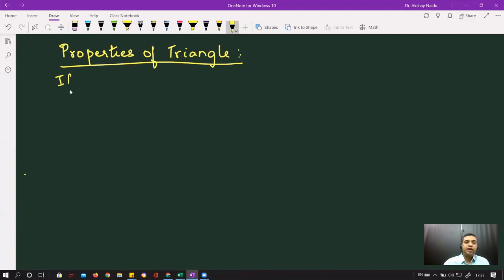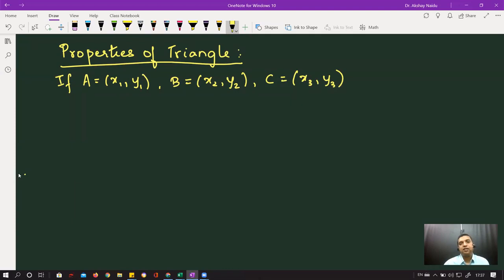Now if A is x1 comma y1, B is x2 comma y2, and C is x3 comma y3, then the first property: when will this be an equilateral triangle?